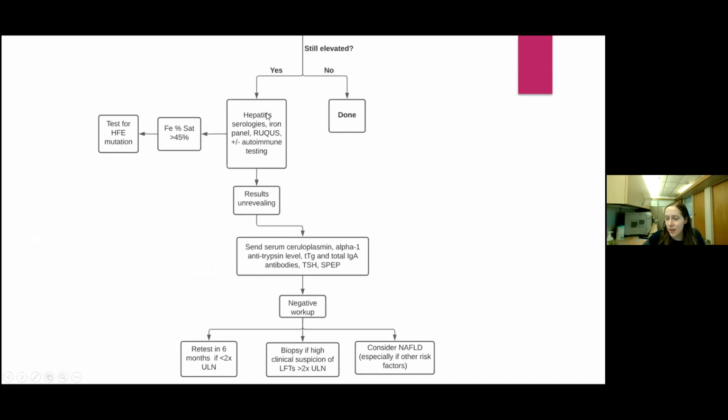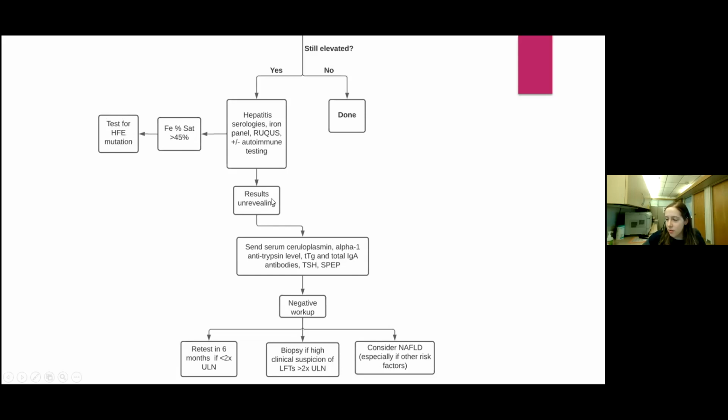If it is, you're moving on to this first round of testing: the hepatitis serologies, an iron panel, right upper quadrant ultrasound, and thinking about whether you want to do some autoimmune testing for this patient. Just to point out here, if you have lab findings suspicious for hemochromatosis, like an iron saturation greater than 45%, you would be referring this person to medical genetics and thinking about mutations in HFE.